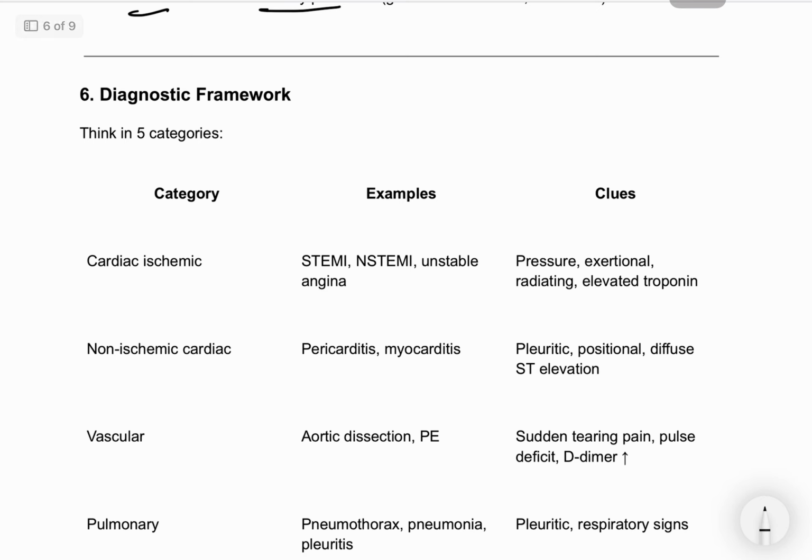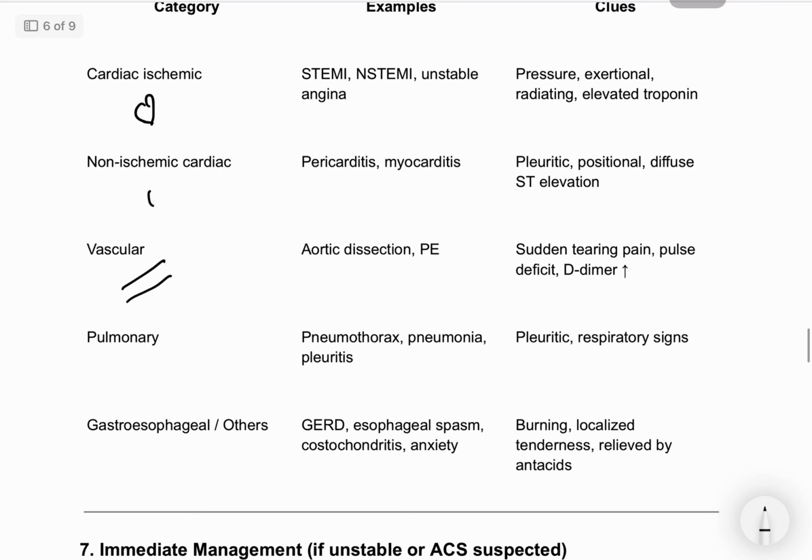After doing history, physical examination, and certain investigations, we have to categorize this patient basically into 5 categories: cardiac cause, vascular cause, pulmonary cause, and GI cause.